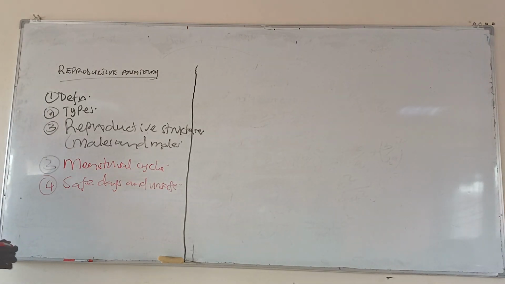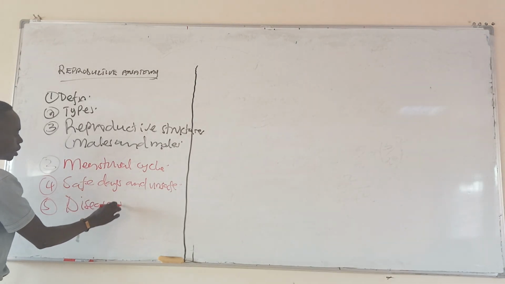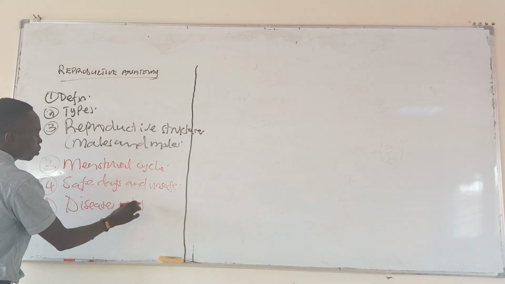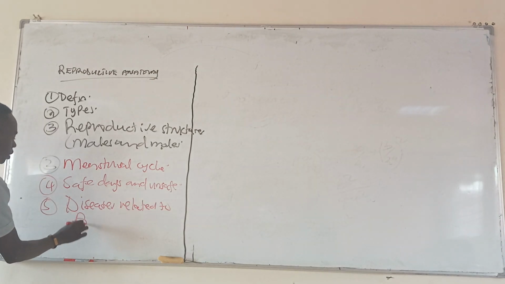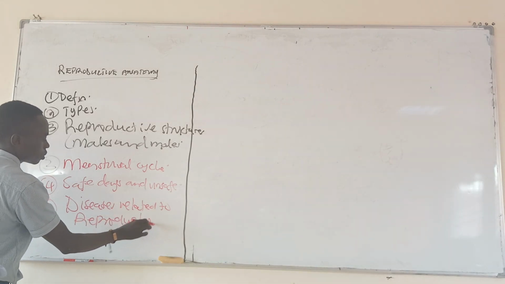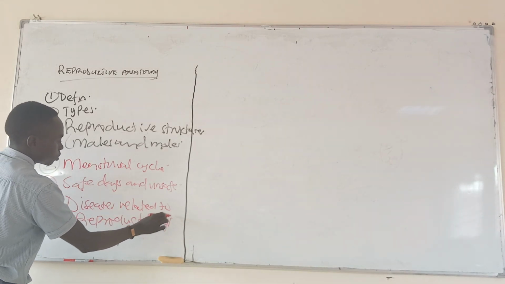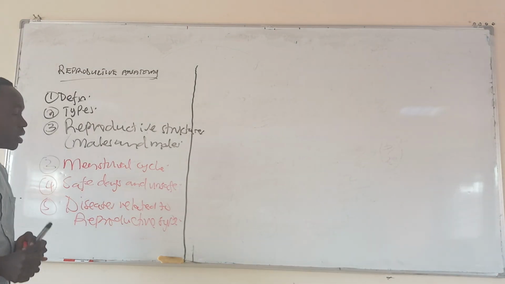Then the last one we shall talk about is the diseases related to the reproductive system. So these are our outlines. We are going to talk about them one by one.